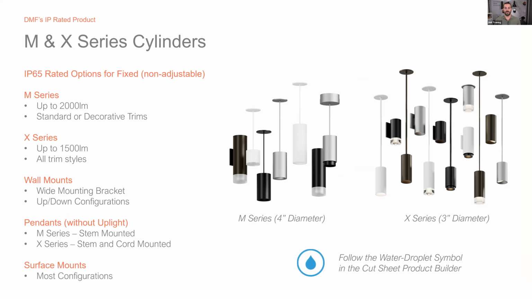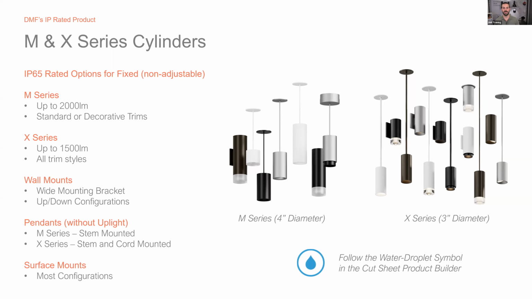Onto now really the DMF product that we have available with our IP-rated options. So there are a number of different options with the M and X series cylinders to start with. The M series has a number of options here that are going to be IP rated. And specifically when we say IP rated, we're talking about something that's IP65 or higher.